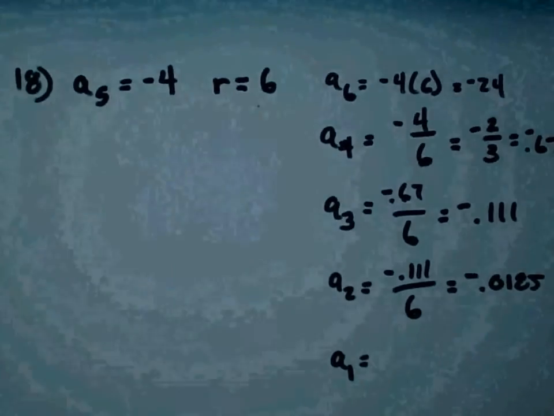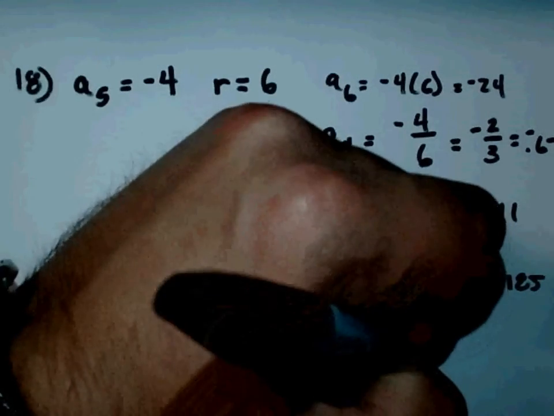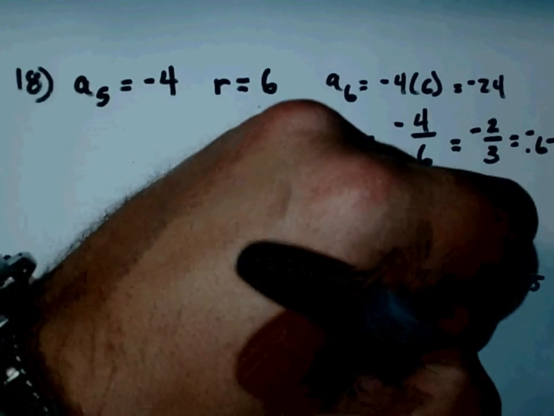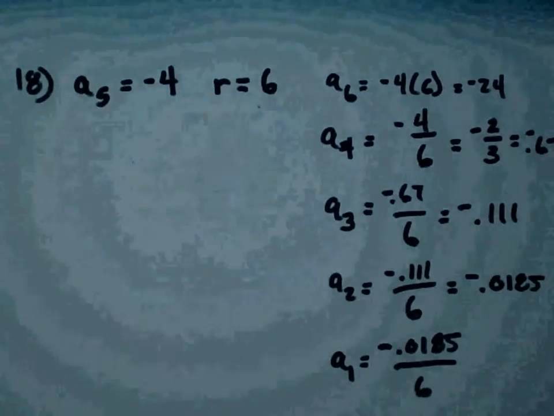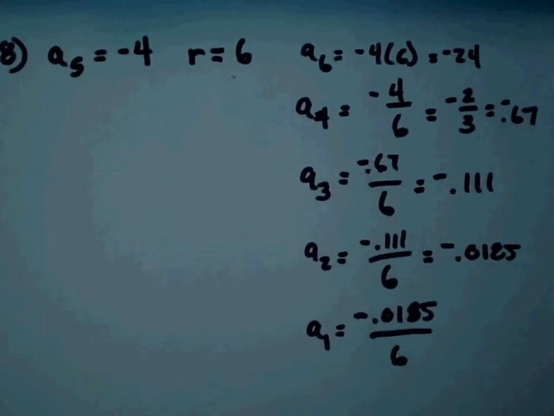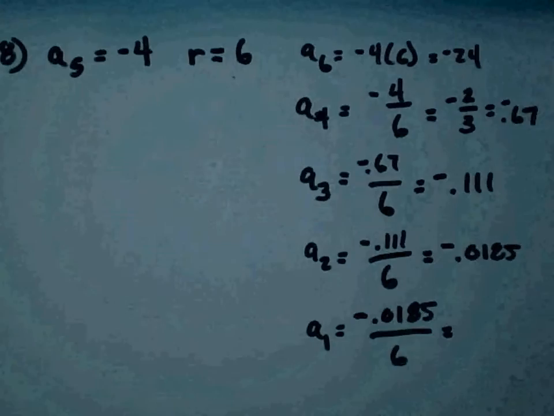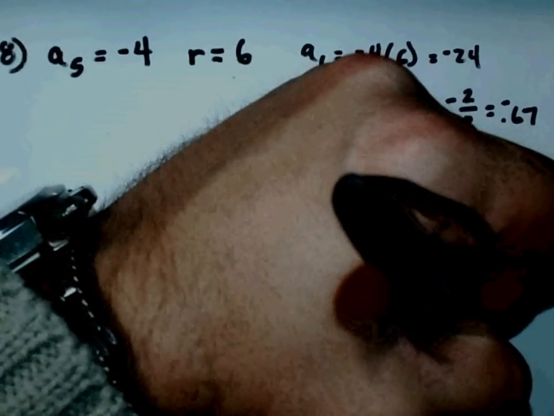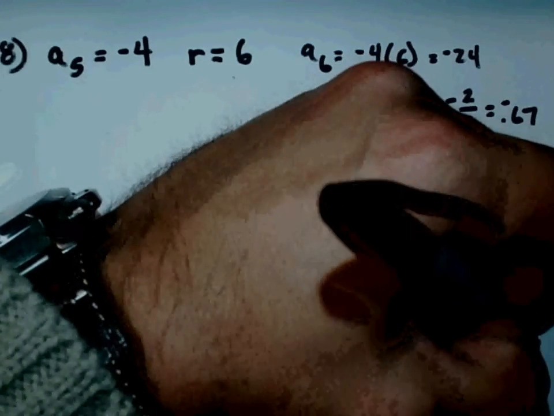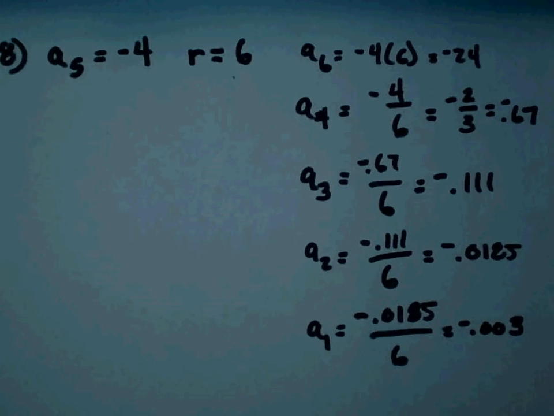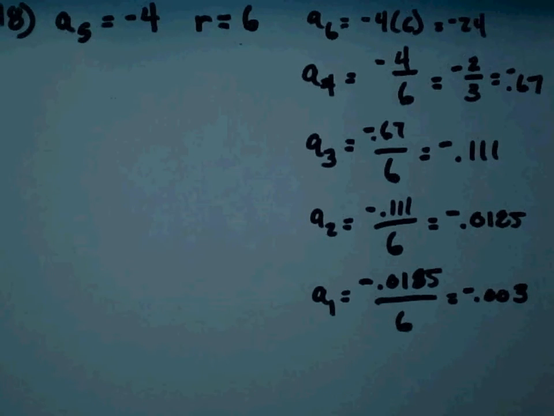Do it again. -0.0185 divided by the common ratio. So it's -0.0030, right? So that's where I left it. And that right there is my A1 term.